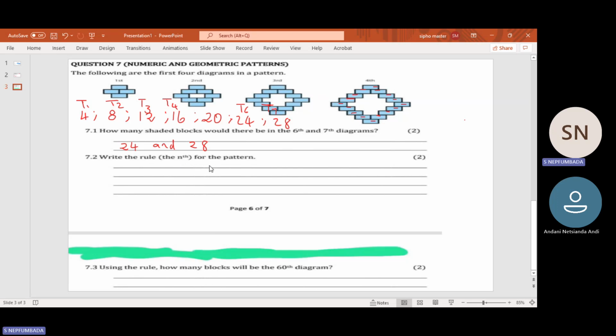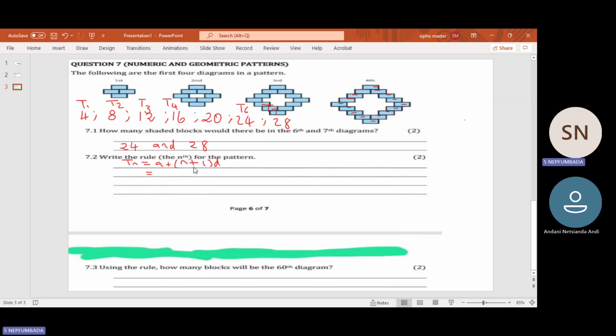We know that Tn, using the formula, is equal to a plus (n minus 1)d. Or you can use the other one, a plus cd.